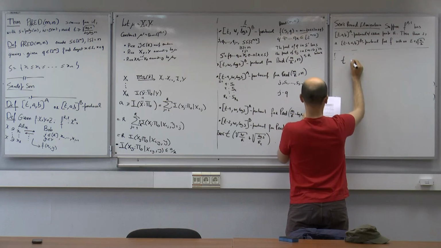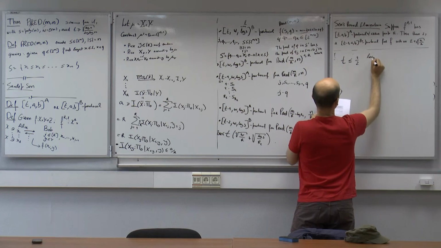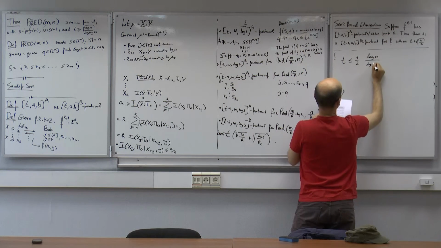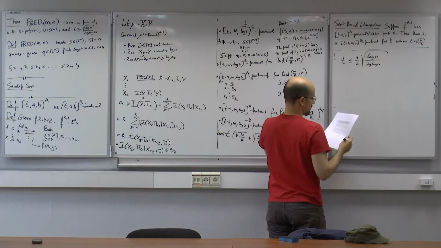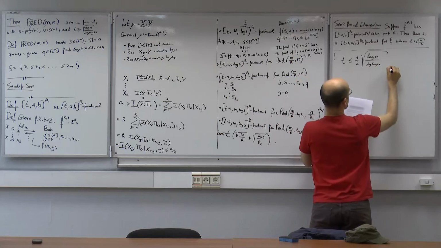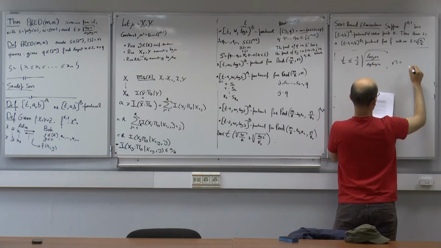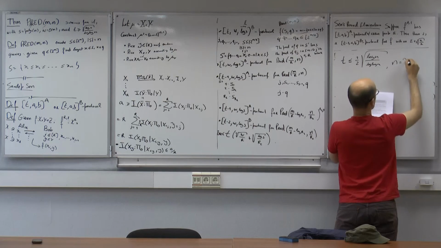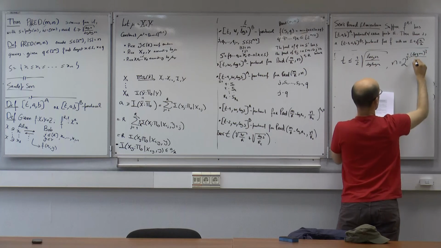If you choose T to be at most half times log n by log log n, then this forces you to choose n, the set size, to be something like 2 to the 1/2 of log m squared by log log m.